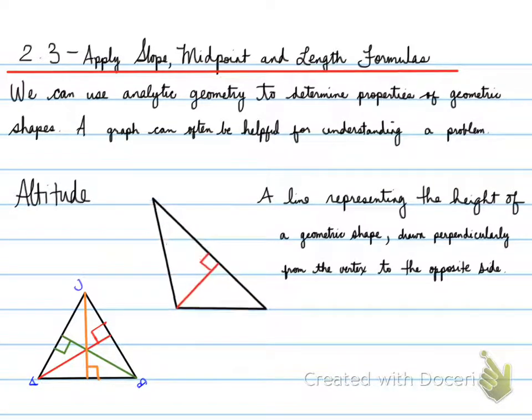I turn the triangle, so you would turn your page or your computer screen so that the side you're looking at is horizontal, at the bottom.